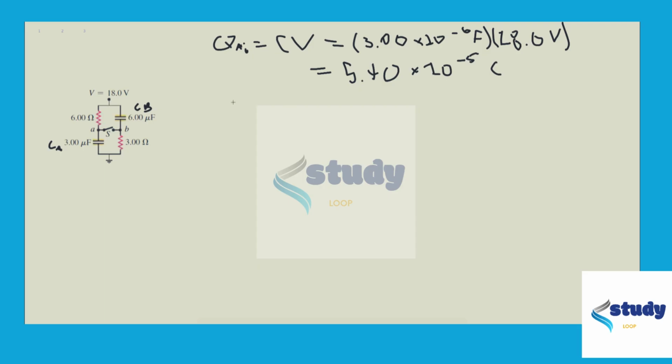Now the initial charge on capacitor B, we'll call this B, I for initial. Again, capacitor A, capacitor B, we'll call that voltage A and voltage B, to keep this more straightforward so we don't get lost.